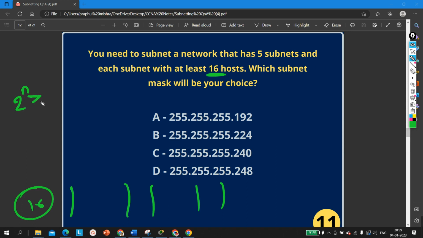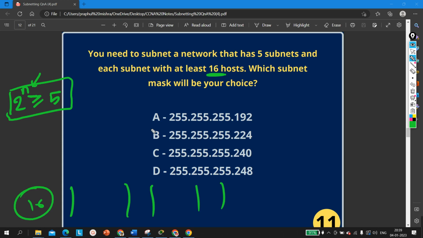So n should be greater than or equal to 5, since we need 5 subnets. So you can find the number of network bits that have gone into the host bits, or borrowed bits. Tell me the subnet mask.